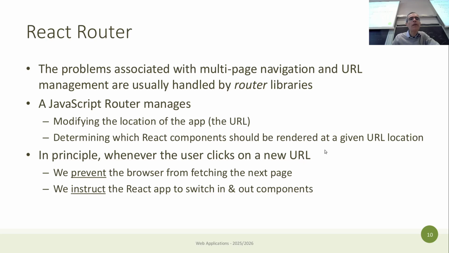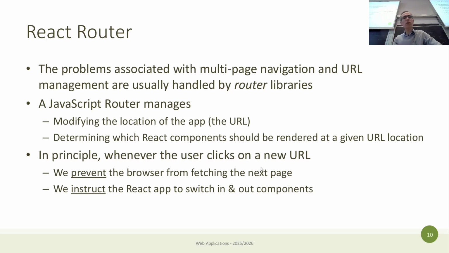Okay? So, these problems of defining what to show when you have a different URL on the client side are handled by router libraries. A JavaScript router manages modifying the location of the app in case we want to modify it, so we can navigate on the client side to a different URL without loading anything from the server, or determining which React component should be rendered at a given location.